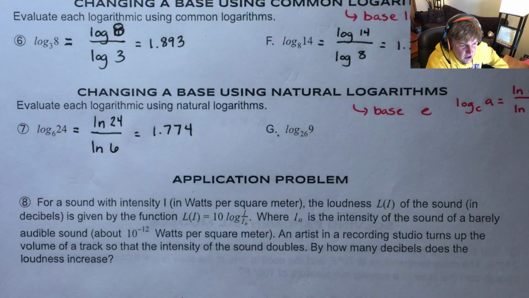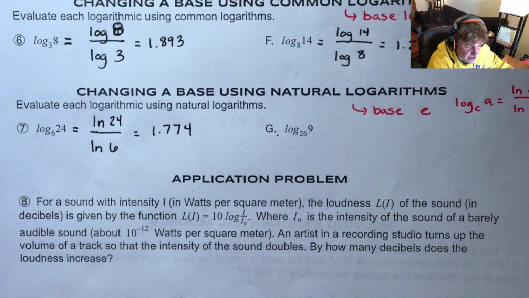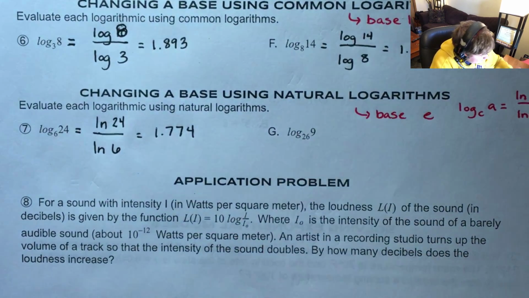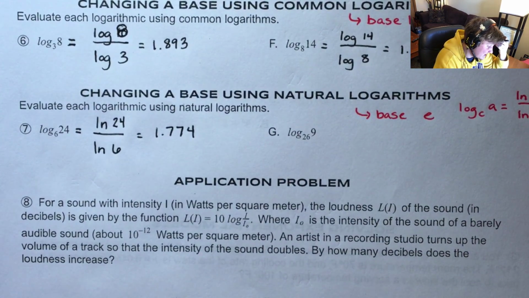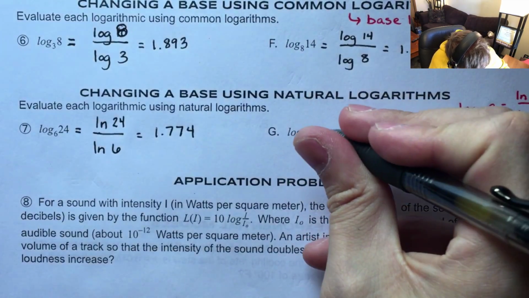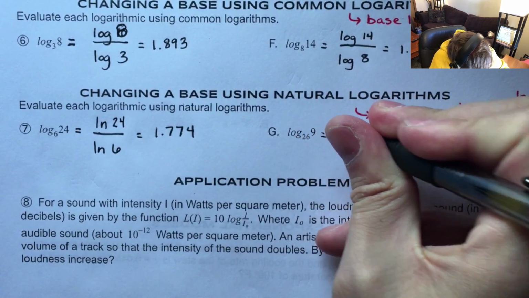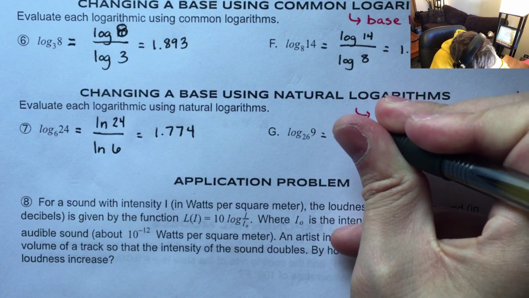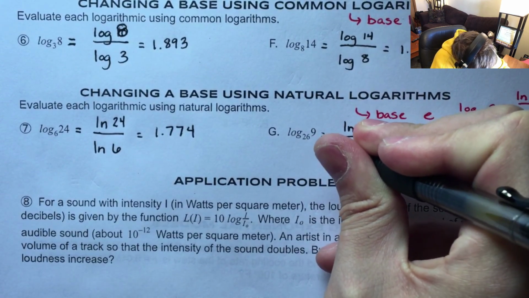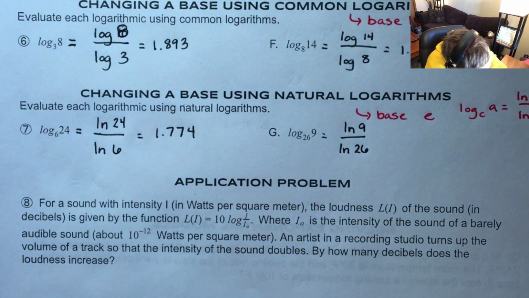Okay, pause the video. Try G on your own. So I'm taking the log base 26 of 9, trying to figure out what power I need to raise 26 to in order to get 9 on the dot. Let's use our change of base formula using natural logs. I'm going to take the natural log of 9 and divide by the natural log of 26.